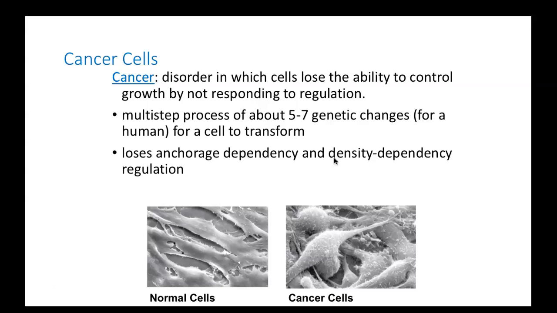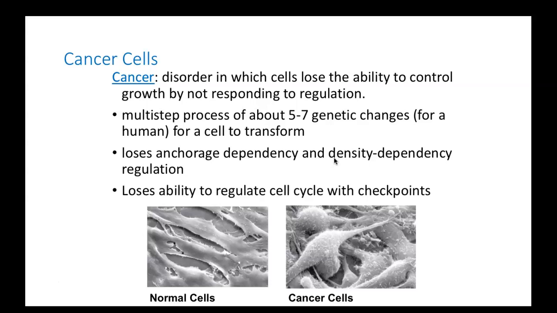And so the protein that would stop the cell cycle is faulty and can't work. So cancer ultimately has to do with misfolded proteins because of genetic mutations. And so once again, the cells lose anchorage dependence, density dependence, and then the checkpoints just aren't working anymore either.